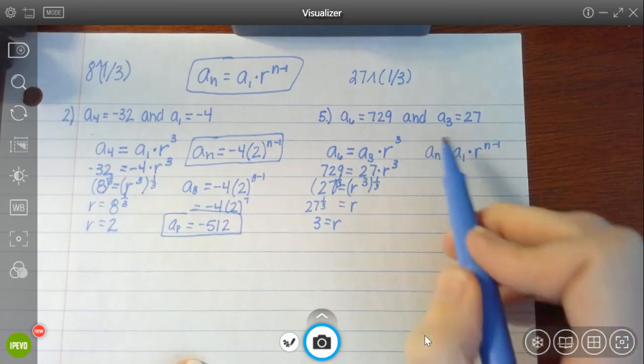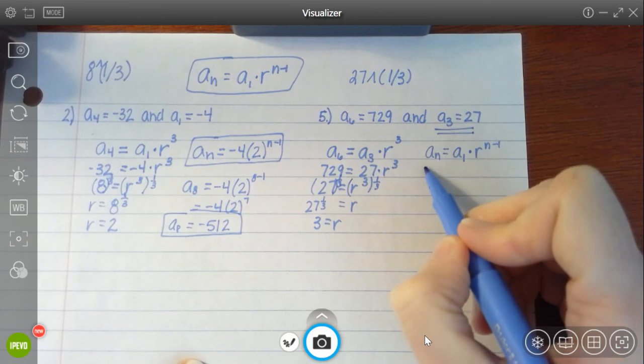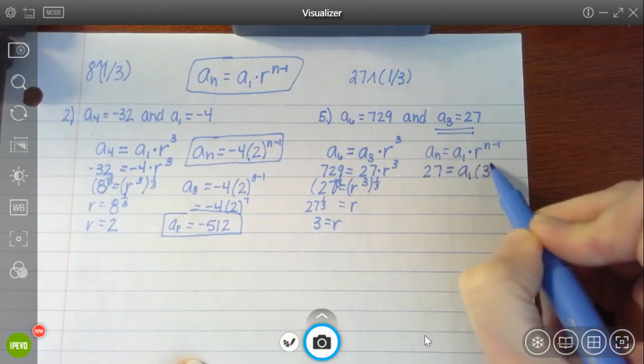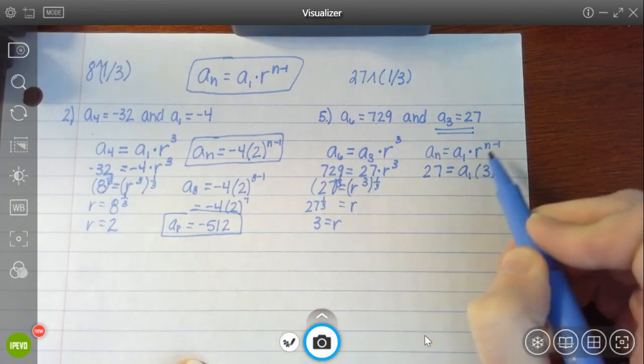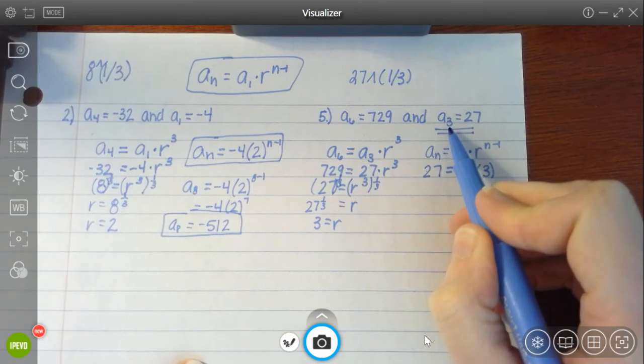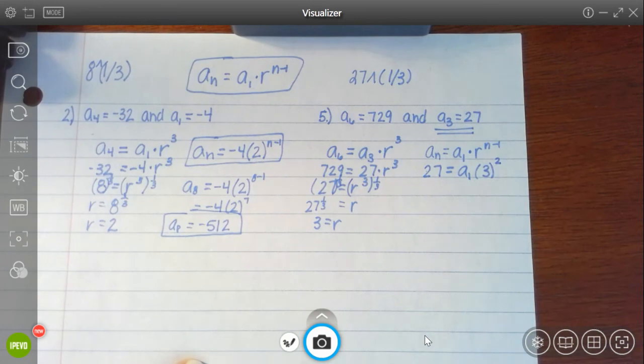So let's say we choose the smaller value here. All right. So a sub 3, which would be 27, would equal a sub 1 times our R, which we just found out over here was 3, raised to the n minus 1. And since we picked this term right here, this was my 3rd term, so n would be 3.